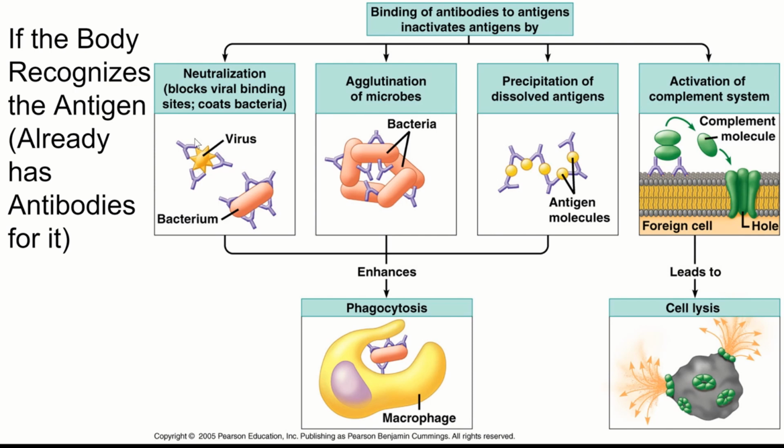So you can see that Y-shaped antibody connecting to the different parts of the pathogen. And that prevents that pathogen from infecting a cell because it blocks the binding sites. So that's one possible option for our immune system, is neutralization.